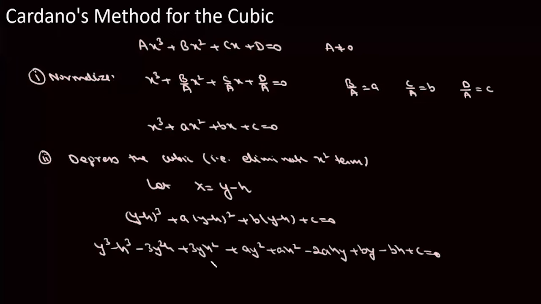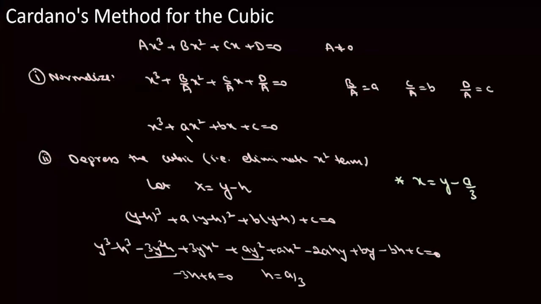Now if we look at terms of y squared, we have 3y squared h and ay squared, and if we have to eliminate y squared, we'll get 3h plus a will be 0, or h should be equal to a by 3. So if we have to depress a cubic, then we have to make a substitution, x equals y minus a by 3, where a is the coefficient of x squared.